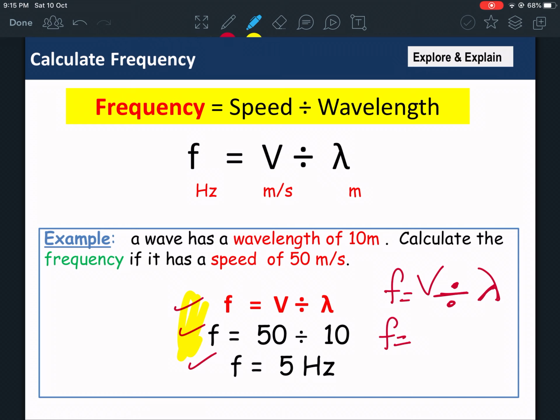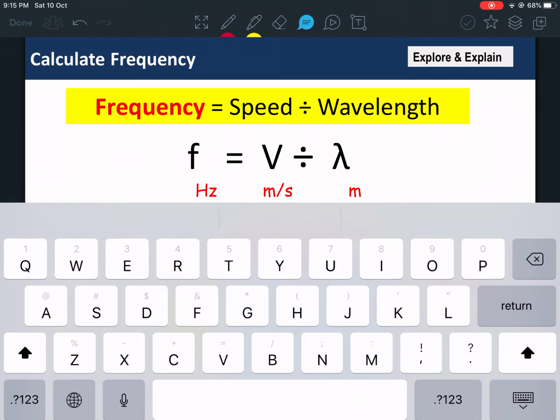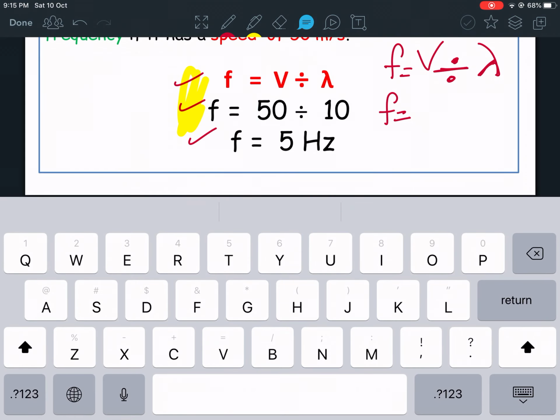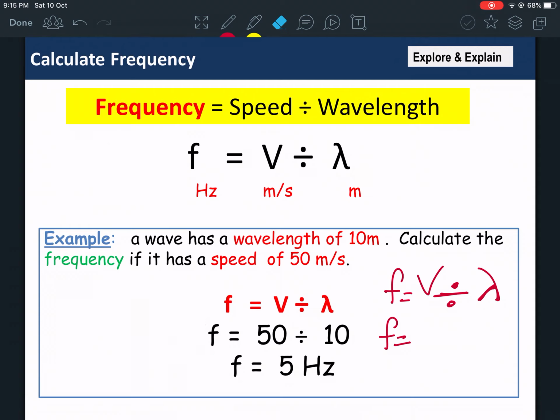So I get F equals, you always have to put the whole process, this, and then this. If you just give me a number and you say, oh yeah, it's 5, you get 0. Okay, you have to write all of this. So frequency equals speed divided by, and now we get, how much is the speed?